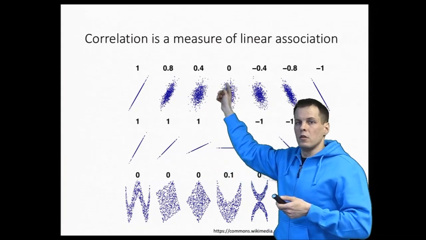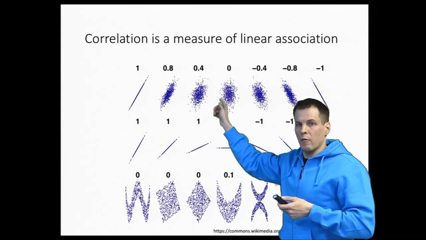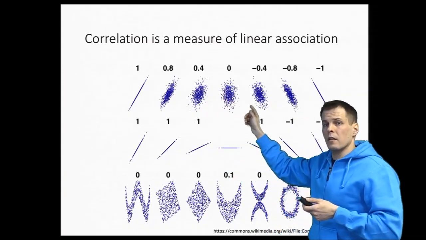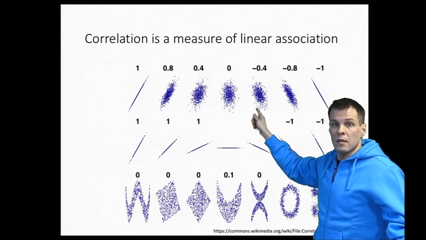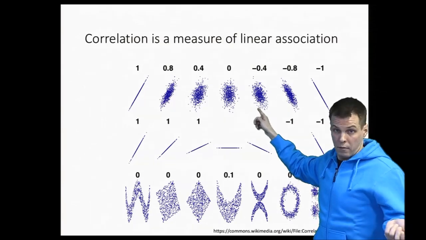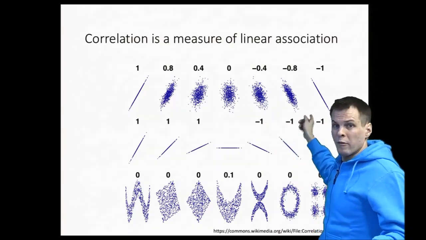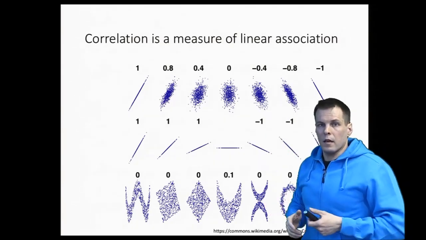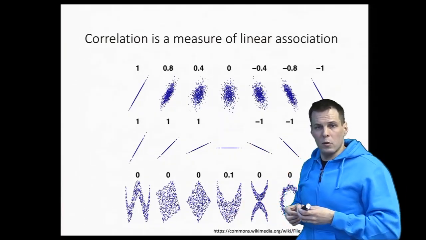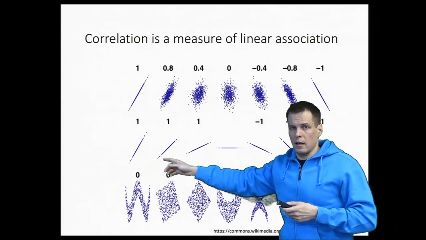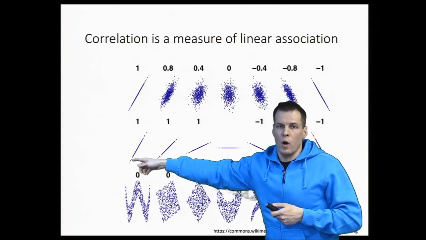0 means that there is no linear relationship, and then negative correlation means that when one variable increases, then another one decreases. So that's the same, except the direction is opposite. The correlation doesn't tell us what is the magnitude of the change. So we can say that this is a correlation of 1.